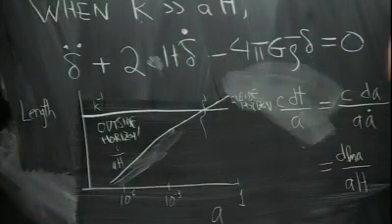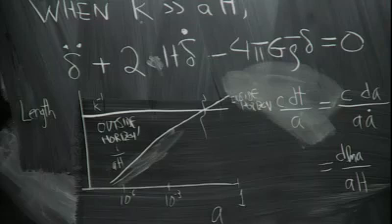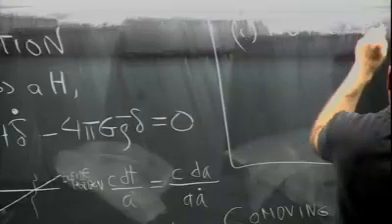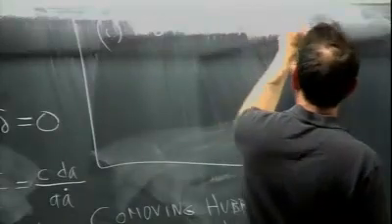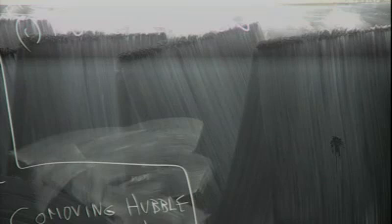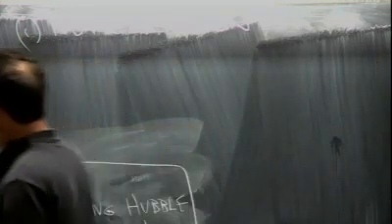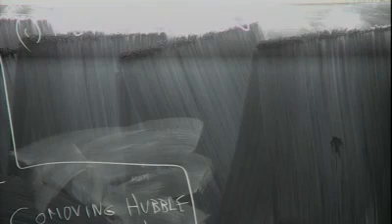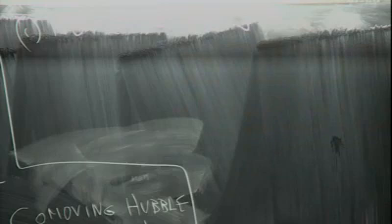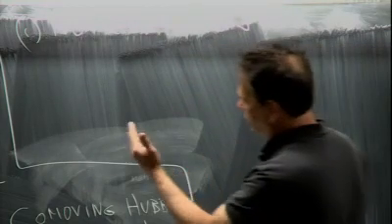Okay, so let's solve this equation in three different cases. First, the case of no expansion. If the universe were not expanding, well then H, the Hubble rate, is what? 0. So we are just left with a simple equation: the second derivative of delta minus 4 pi G rho times delta is equal to 0.